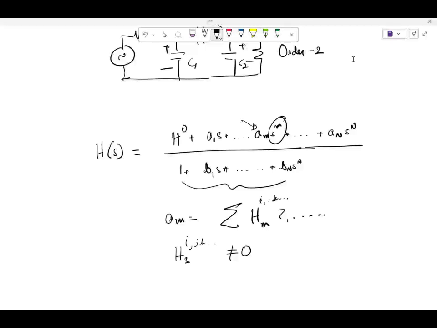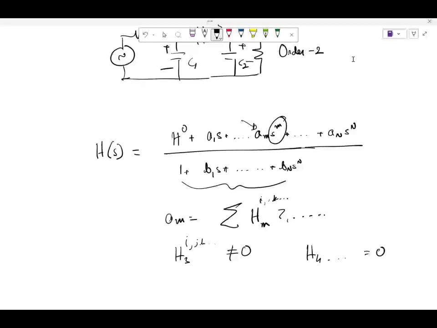At least 3 zeros will be there, right? And if I say that everything higher, all H4 and everything, are 0, then I can say that only 3 zeros are there. So in plain English, the number of zeros in the system is the number of memory elements I can infinite value simultaneously while not getting 0 output.